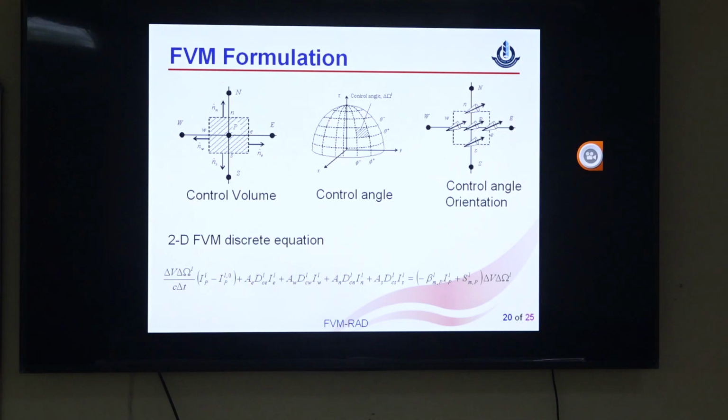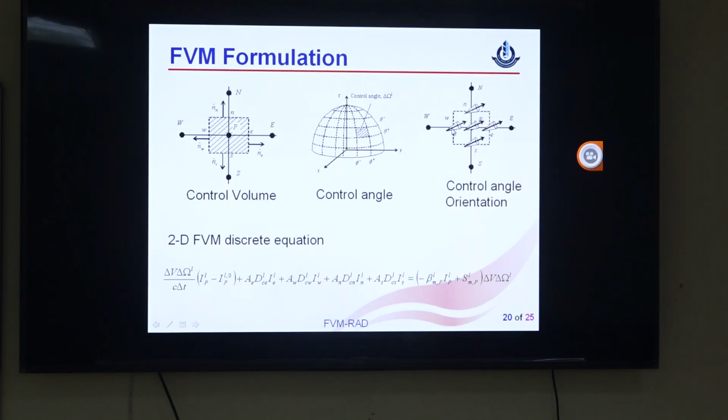And then we have control angles. The standard nomenclature of the control volume for a 2D control volume has been shown here: north, west, south, east. Okay, similarly you have a control angle size also, and then you have control angles in your angular domain looking like this, just like a conical shape, whatever I have shown.